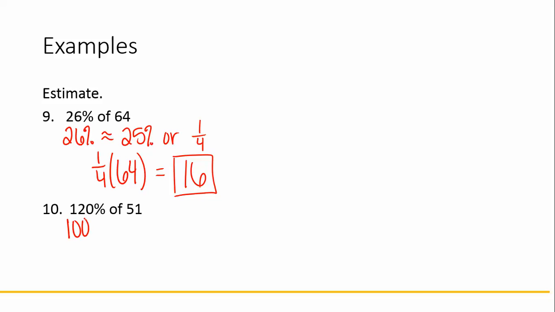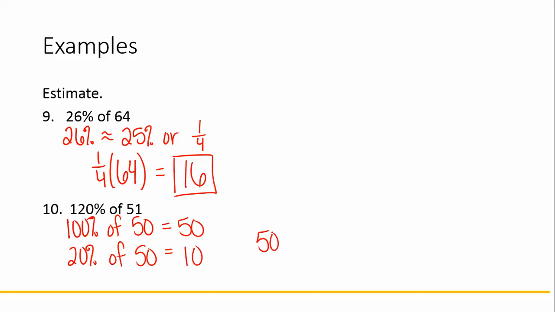So if we do 100% of 50, that would equal 50. 20% of 50, think about what 20% is in a fraction. 20% is like saying 1/5, and 1/5 of 50 is 10. So if we add 50 plus 10 together, we get 60. So our estimate, 120% of 51, is about 60.